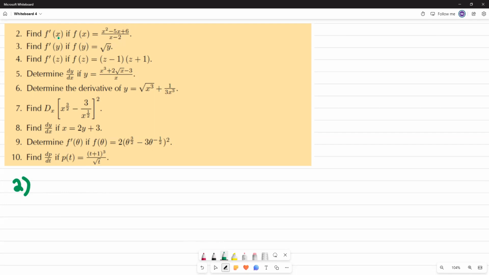So f of x is this. I have a trinomial here that I can factorize. And then remember, as I gave you tips, I said in my experience one of the factors will be the same as the bottom. So I already know that one of the factors will be x minus 2. Because I need to have x squared here, I'm going to have x here, so that this times that will give me the x squared.